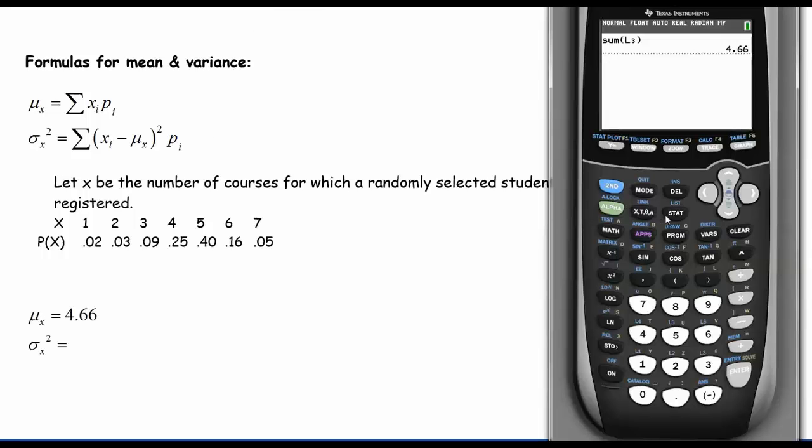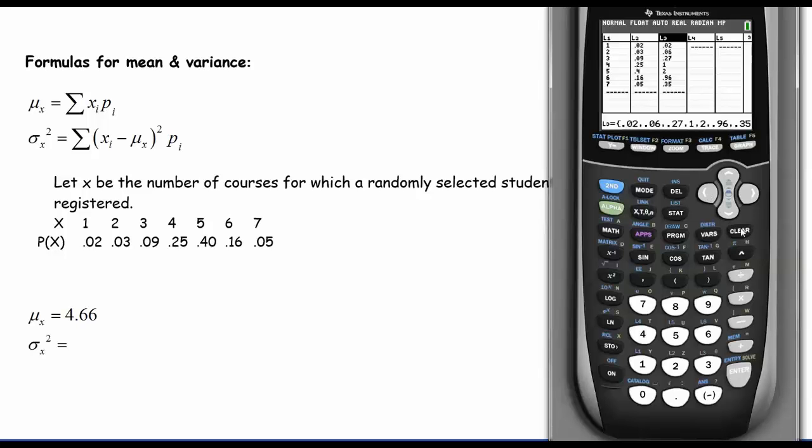And to find the standard deviation, actually, I misspoke here. We're going to go back to the home screen. I want to tell the calculator to remember this number, so I'm going to hit store and then alpha A, and it's going to remember that the mean happens to be 4.66. Then I'm going to go back to our stat list, and on top of list 4, we've got to keep track of what these things represent.